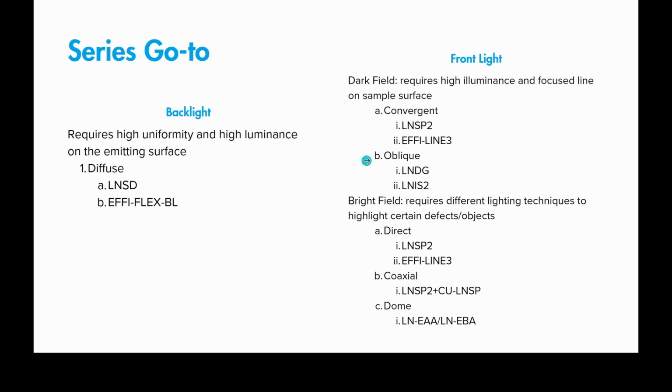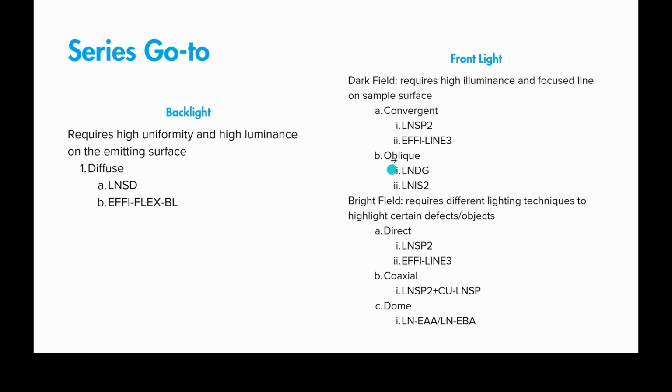If you need dark field oblique lines, where we're trying to see those scratches or dents in the vertical direction, then you need the LNDG or the LNIS2. Unfortunately, I don't have a good pick of this light for this situation and that light for that situation, because they are so similar to each other that we just recommend testing both of them if that problem comes up in your sample.